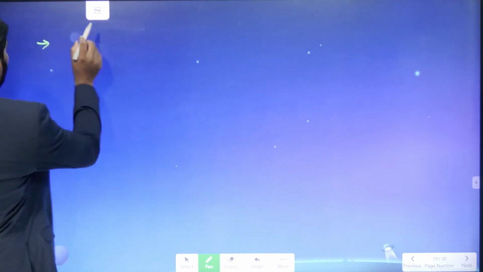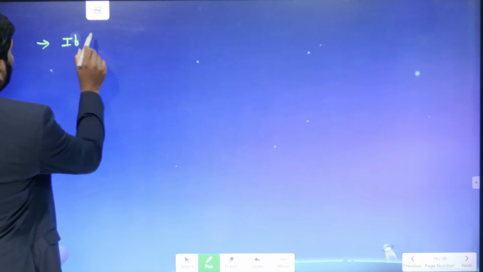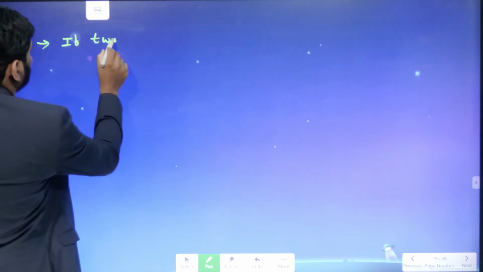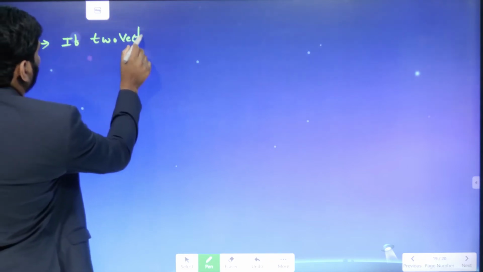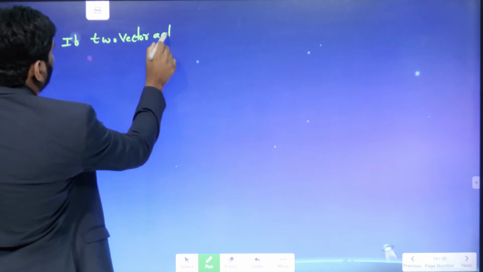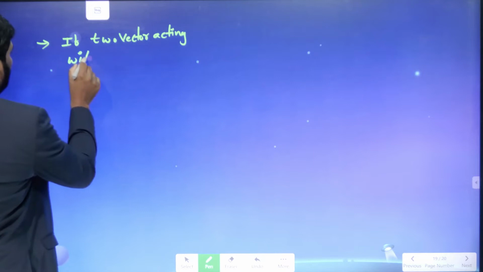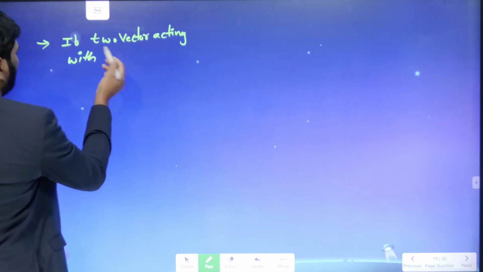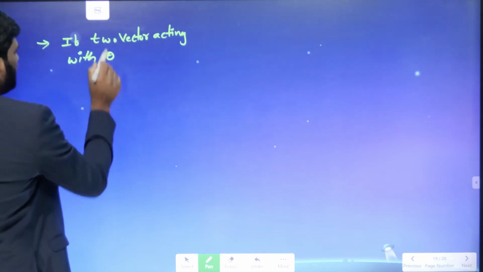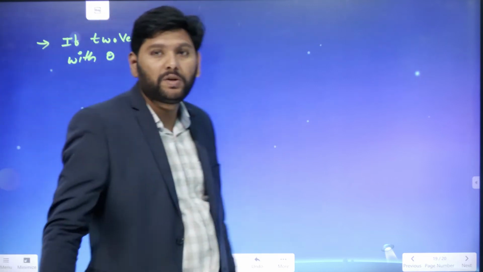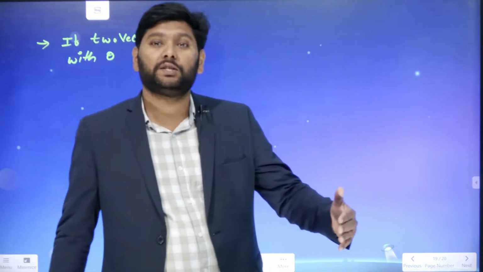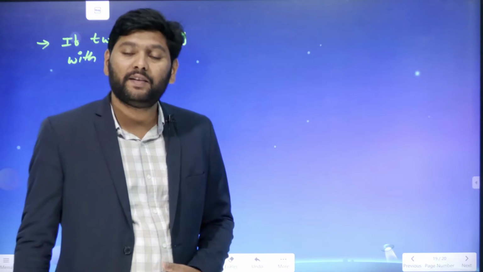Let me take two vectors acting with a different angle, with theta. Two vectors acting with how much angle? Theta angle. In this situation, how do you take the entire addition?